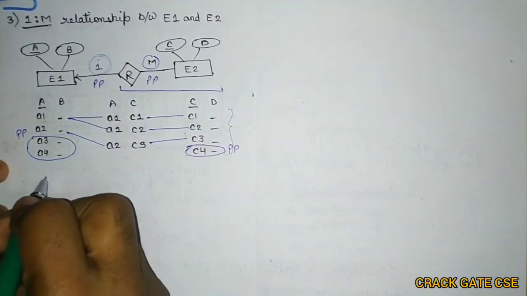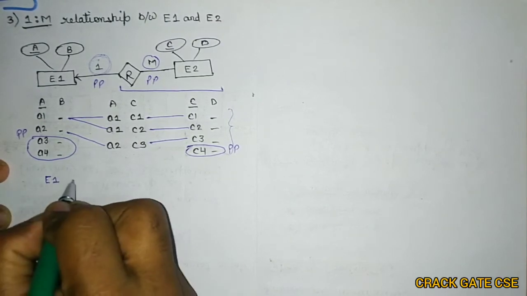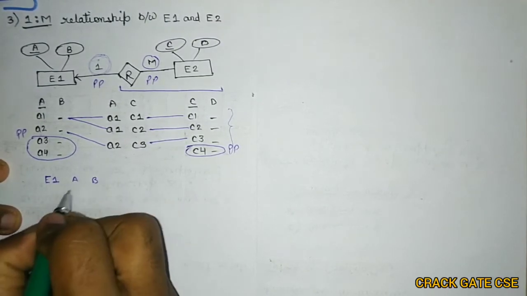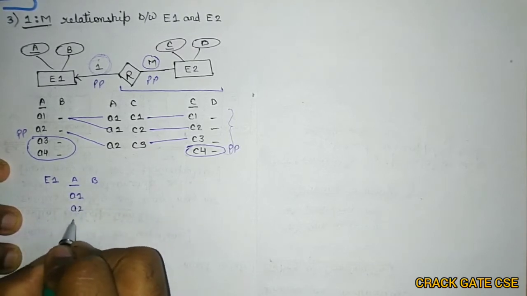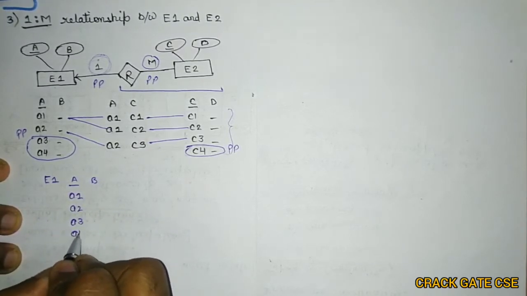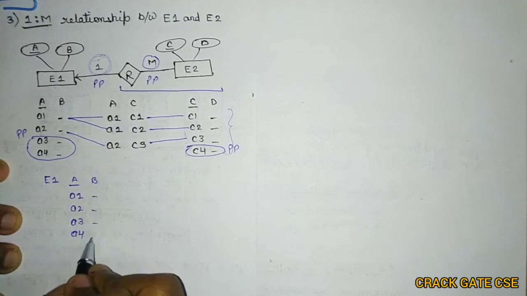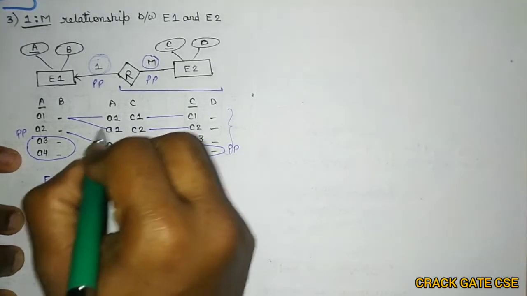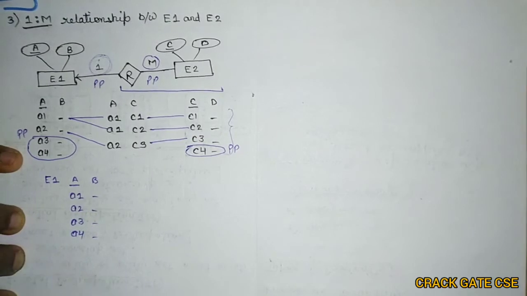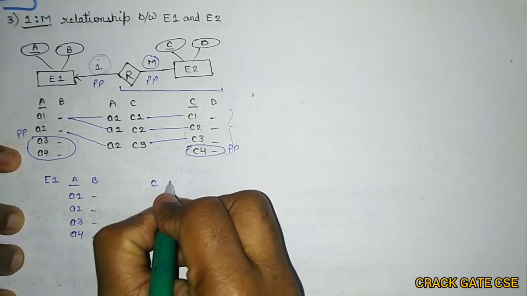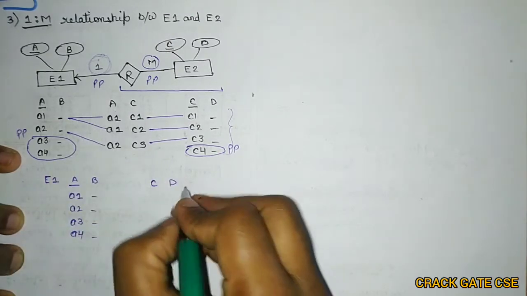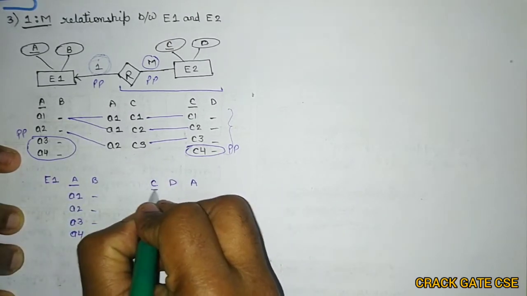How? This E1 table will be the same. The values here will be the same, which are A1, A2, A3 and A4. B can be anything, right? Now we will be mapping this particular value. So what are the different attributes we will have? We will have C, D and A. This C is a key.